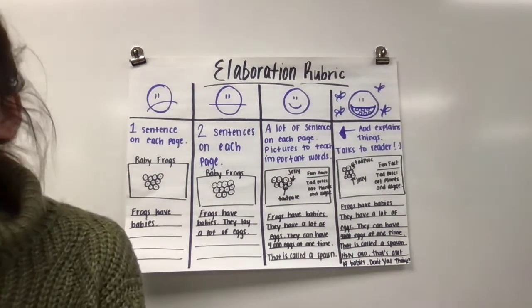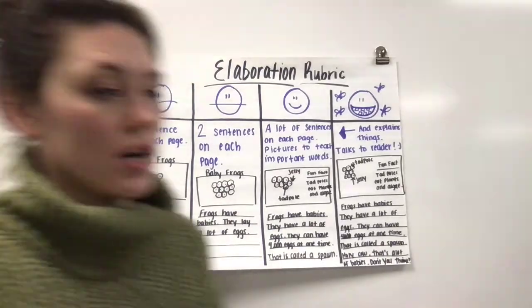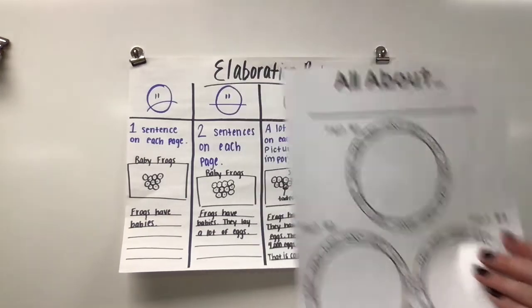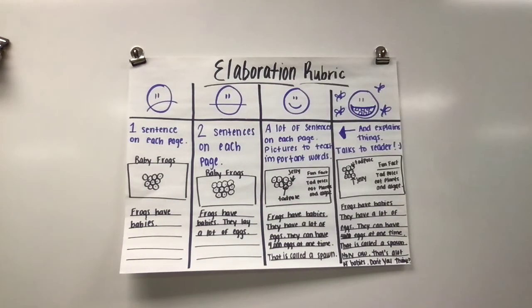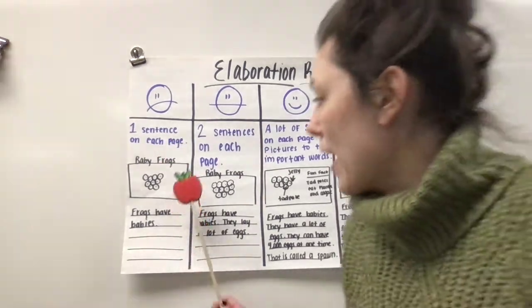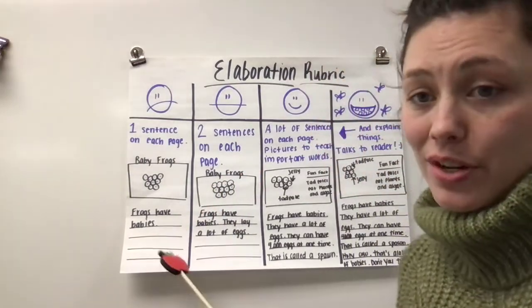So right now you are working with your All About Me packet. It starts with a page just like this. And what you're doing is you are writing 3 facts and you are elaborating on them. And so in your book, if you have 1 sentence on each page, that's not so good writing.